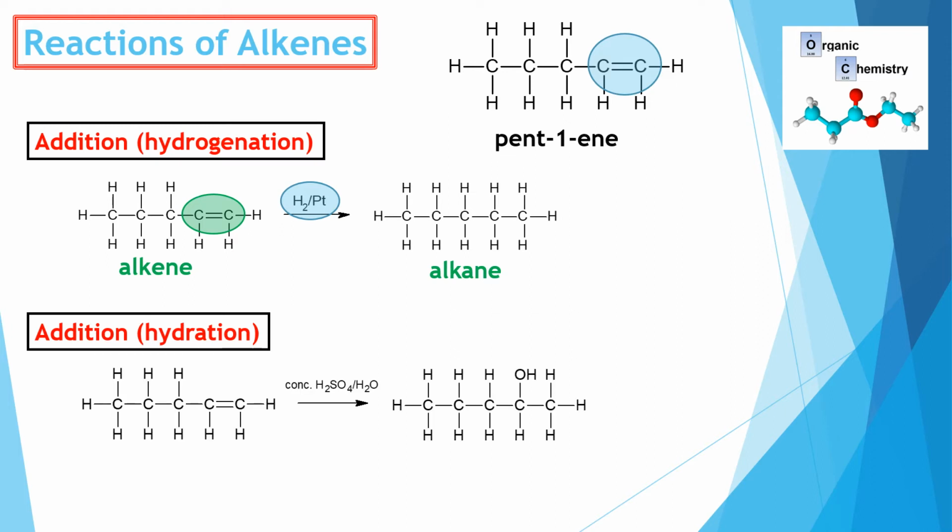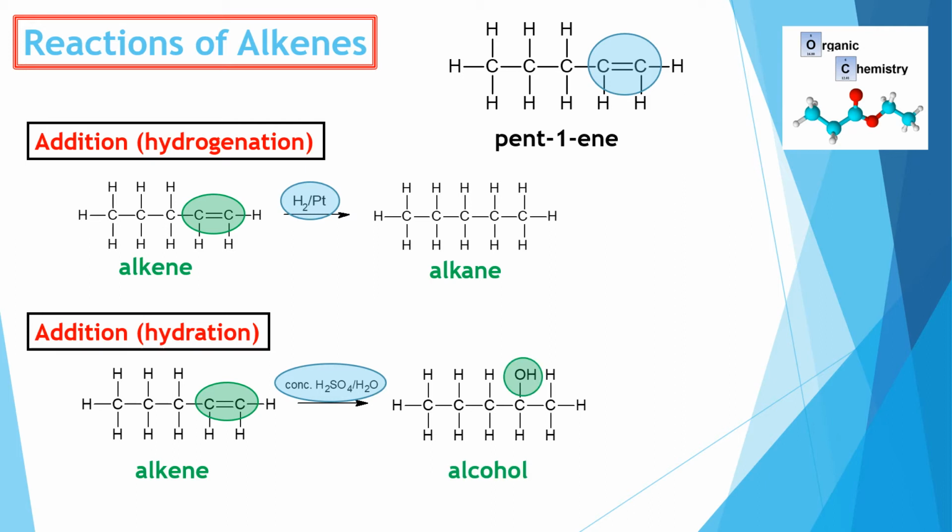Hydration is the addition of water. Notice again, we've got an alkene here because of the double bond. Now remember what's going to happen. That double bond, one of the bonds will break, and then new things will form at the top and the bottom. Now what we're really adding here is water in the presence of concentrated sulfuric acid, and water gets split into both a hydroxide and a hydrogen.